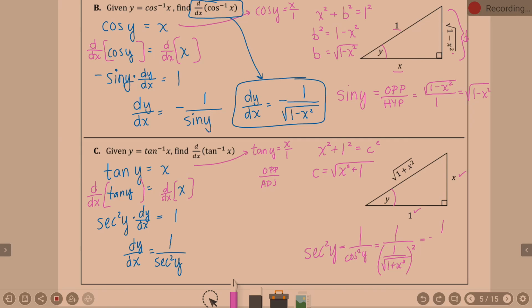1 divided by 1 squared is 1. What's the square root squared? It's the inside.